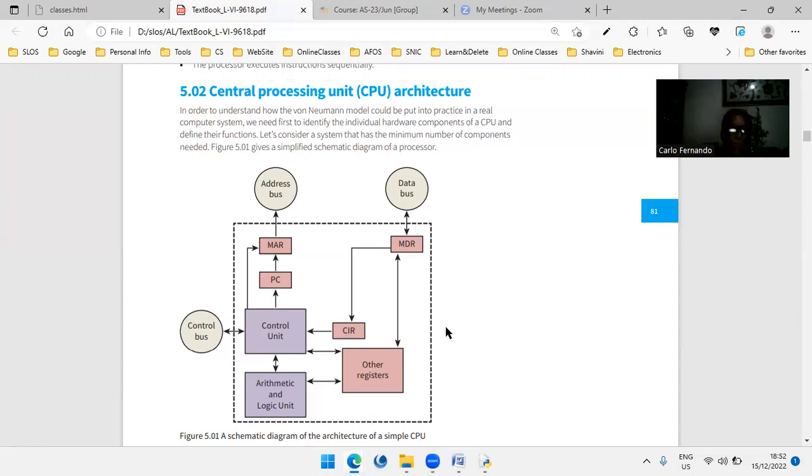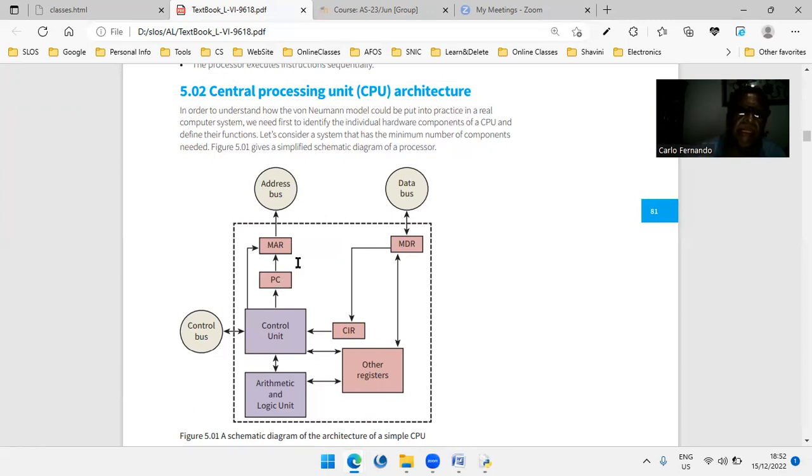So you have to keep a counter so that you will not miss any instruction. So you go one by one. After executing one instruction, you add one, right? PC equals PC plus one. So the next time the CPU knows that, okay, this is 101 now, I have to execute. Things like that. CIR, current instruction register.